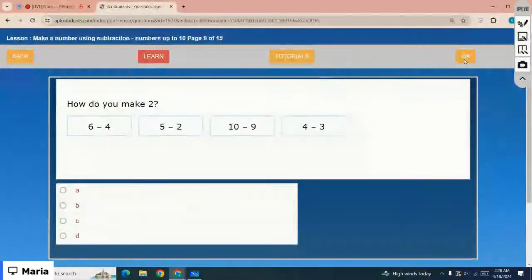How do you make 2, which is the correct option? Which is the correct option?